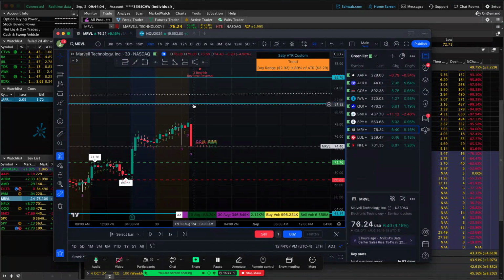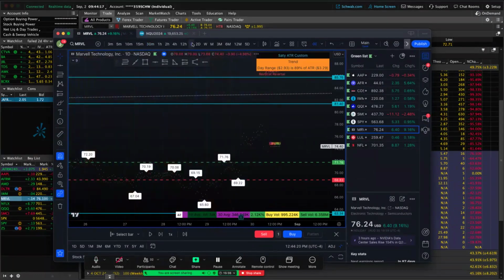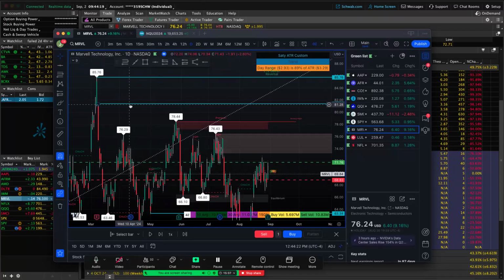It can definitely get there based off of the standard ATR. But based off of the earnings move that we're looking for, this could potentially get to 85. I see that this is the nearest pivot. We could target this pivot as well, but this is going to be the ultimate target.